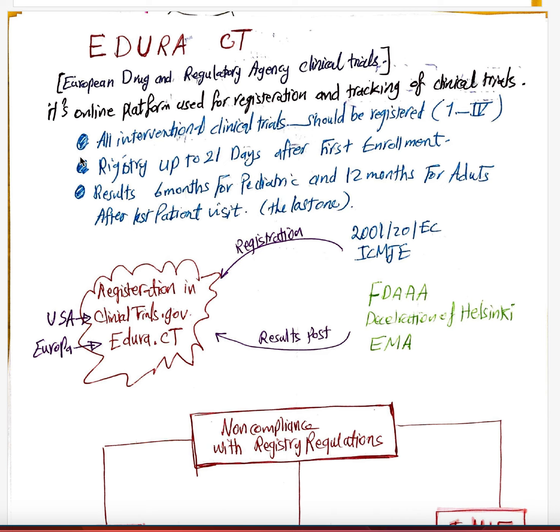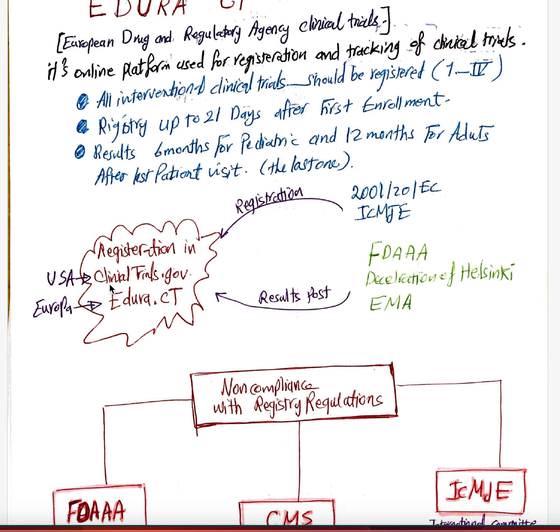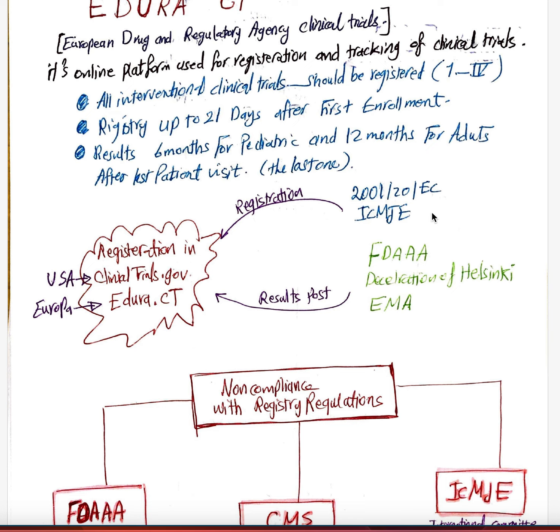We have to register all the phases of a clinical trial, from phase 1 to phase 4, and the registration is up to 21 days after the first enrollment, and the results will be 6 months for the pediatric and 12 months for adults. As you can see, ClinicalTrials.gov is an online platform for the USA, EudraCT is the online one for the European. And so we have two registrations in these regulations.